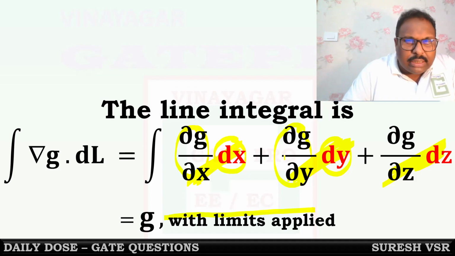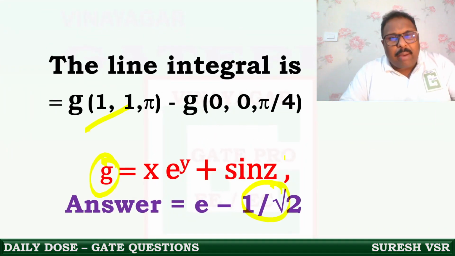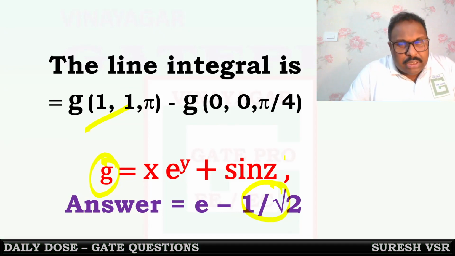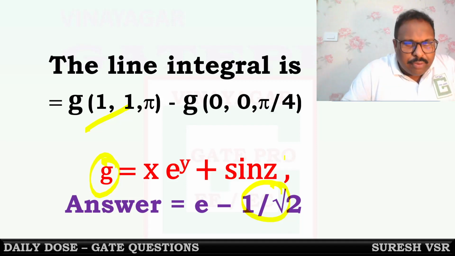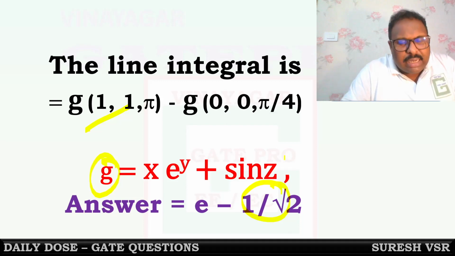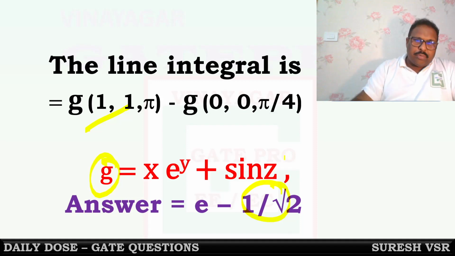And it is just G with the upper and lower limits applied. So G's upper limit at (1, pi) and G's lower limit at (0, pi by 4) should give you 1 into e power 1 into sin pi plus sin pi, so it's e, minus the lower limit sin pi by 4, which is 1 by root 2. So the answer is e minus 1 by root 2.